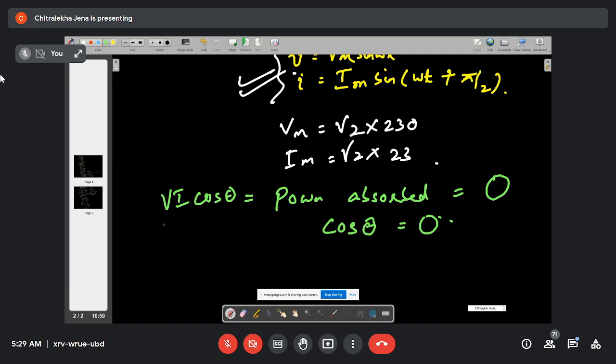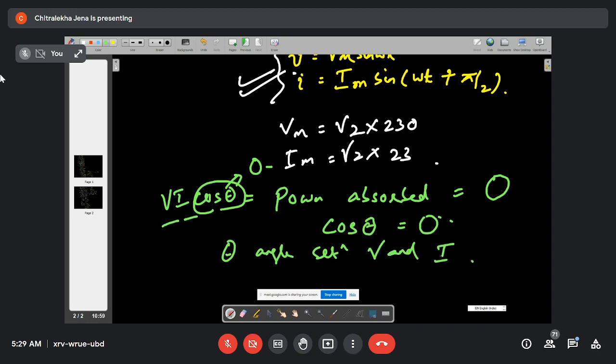V is not zero, I is not zero, so obviously cos theta is zero. What is theta? The angle between V and I. How much is the angle? Pi by 2. Cos pi by 2 is cos 90 degrees, which is zero. Got it, all of you? Yes, ma'am.